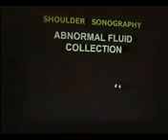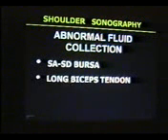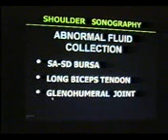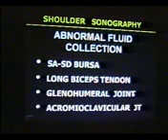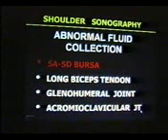Coming to abnormal fluid, it can be in the subacromial subdeltoid bursa, the long biceps tendon, and the glenohumeral joint with the acromioclavicular joint. We look for fluid in these areas. For the subacromial subdeltoid bursa, you can see the fluid there. This is the deltoid, and here is fluid in the subacromial subdeltoid bursa.